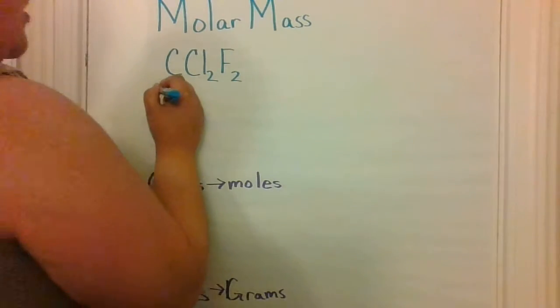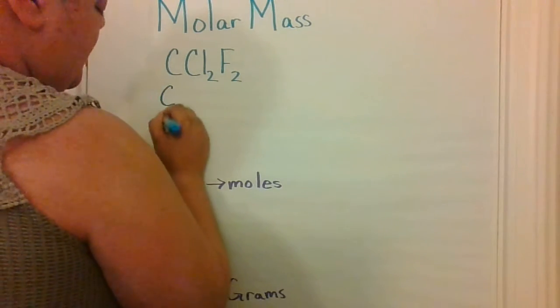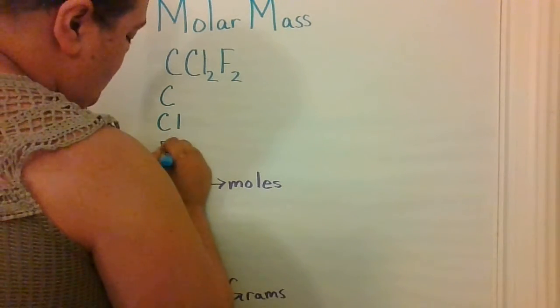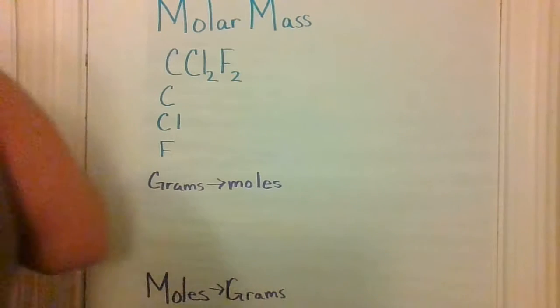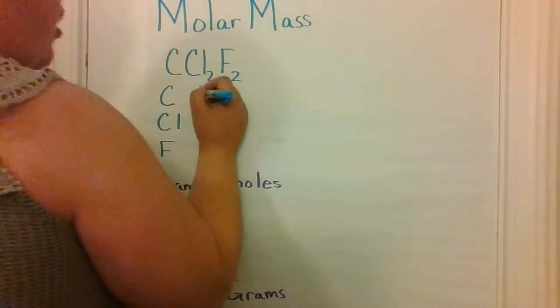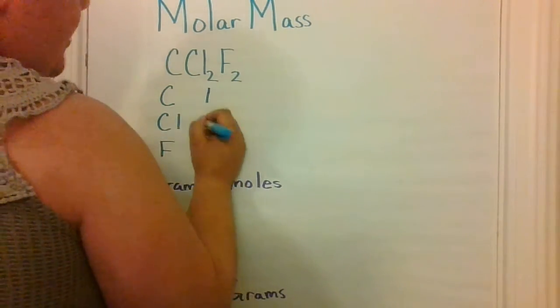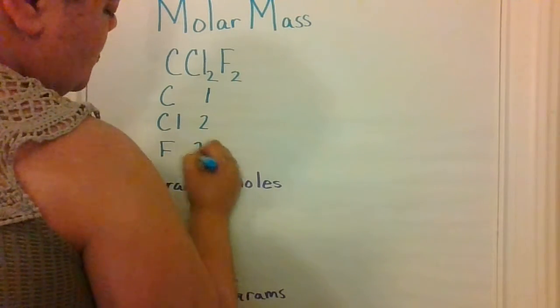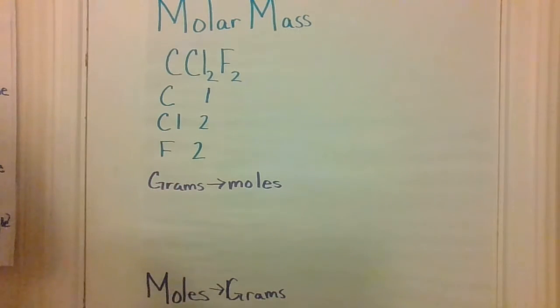We know that we have a carbon, a chlorine, and a fluorine, but we need to notice not only which elements we have, but how many of each element. So we have one carbon, two chlorines, and two fluorines.